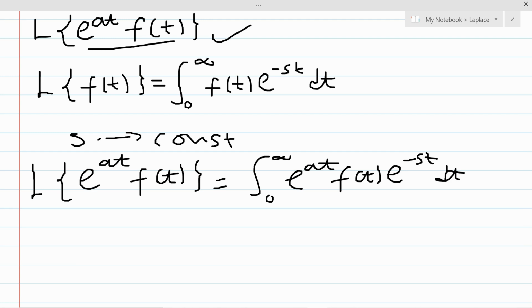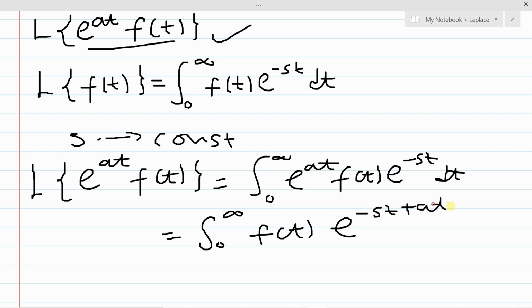The whole of this will be equal to the integral from 0 to infinity of f of t times e to the negative st plus at dt, due to the product of this e and this e.